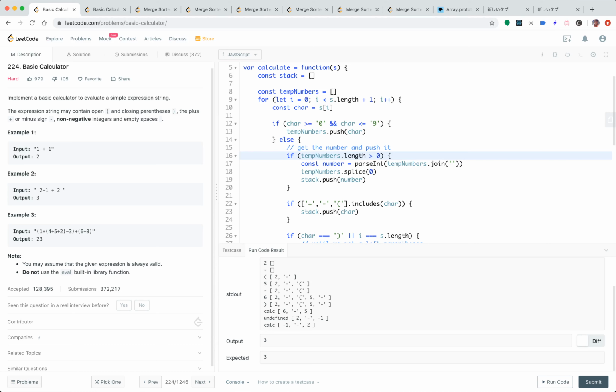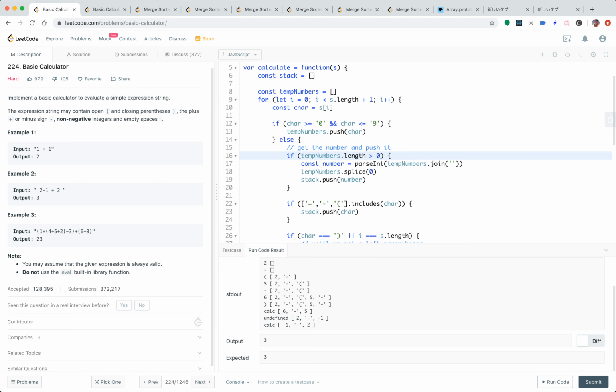So like 1 plus this, we just push it in originally. Ignore the space, push it in.